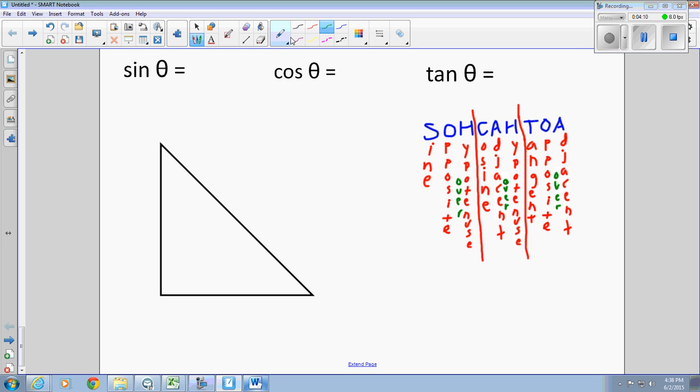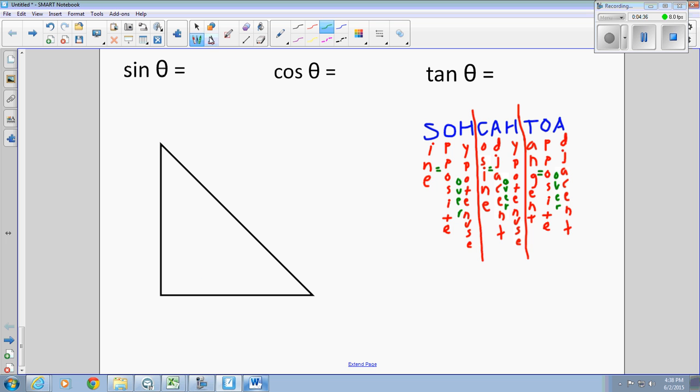I would also probably put equal signs in here. It's just a way of remembering it. Sometimes it works for people, sometimes it doesn't. So let's figure out what we're really talking about here. Again, this is pronounced sine, not sin.